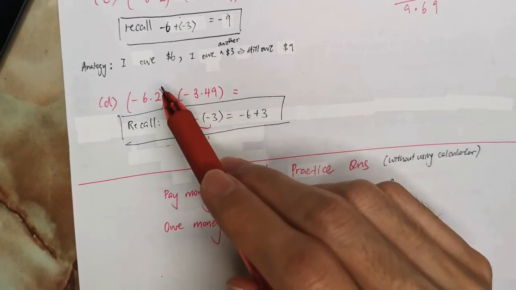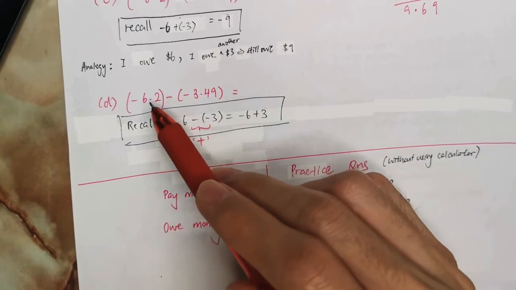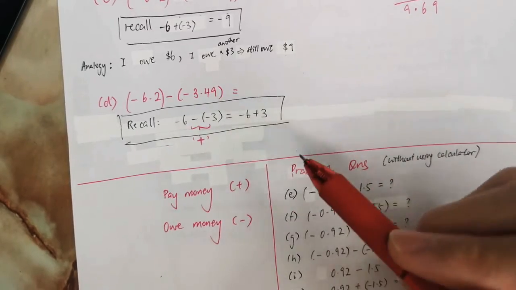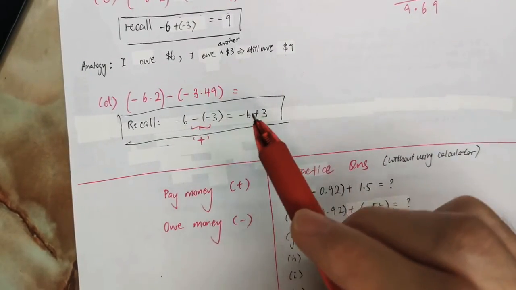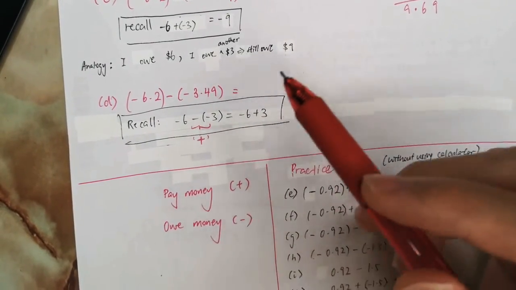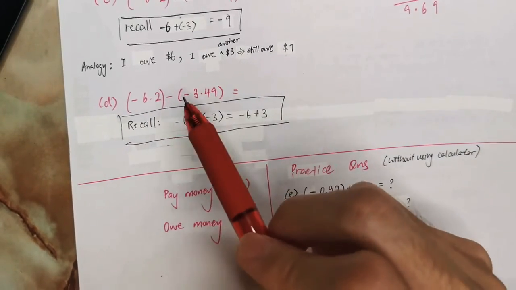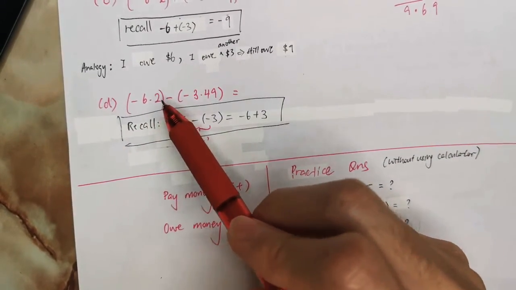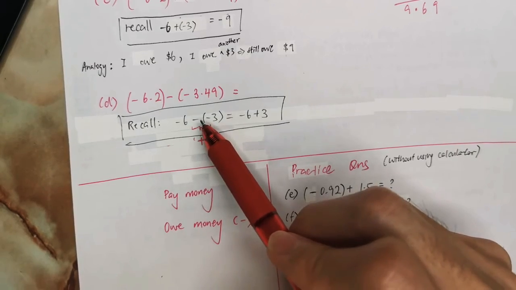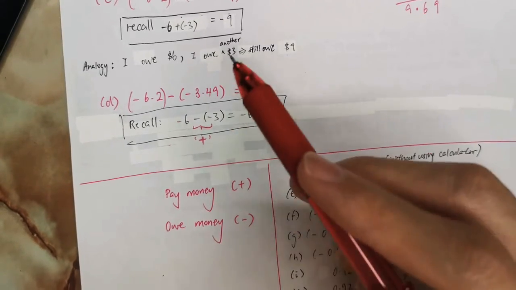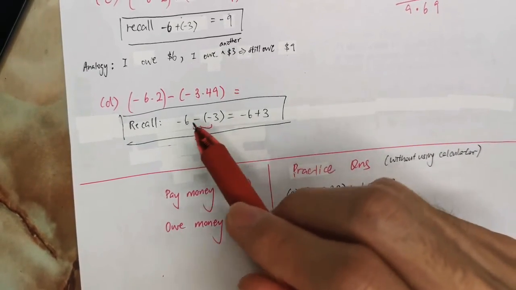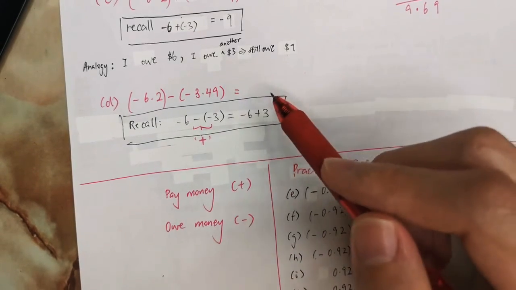Whenever I write a negative number, I'll put a bracket to be consistent, so that you won't be confused about when to put brackets. In this case, same thing. For negative 6.2, I assume it's negative 6 minus negative 3 so that I can see how to add the normal numbers first before I move on to the decimal part.